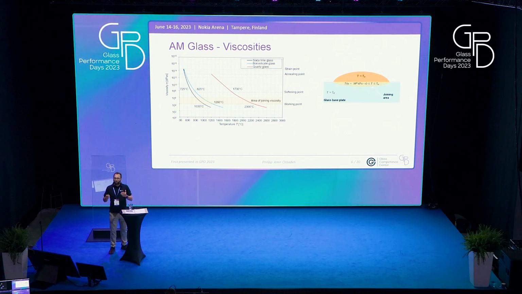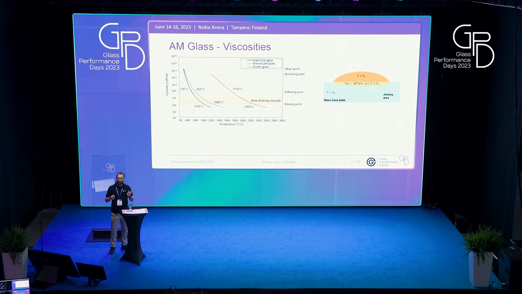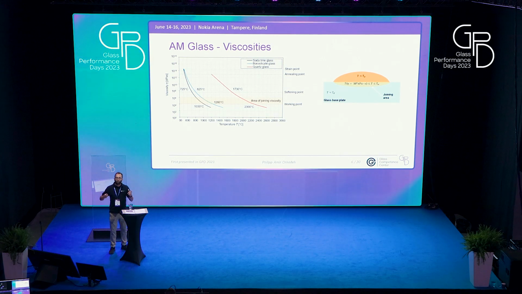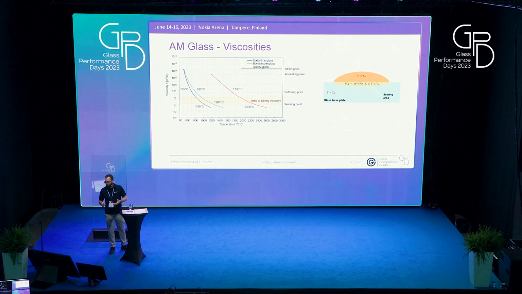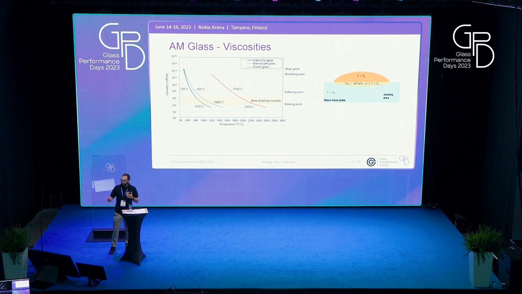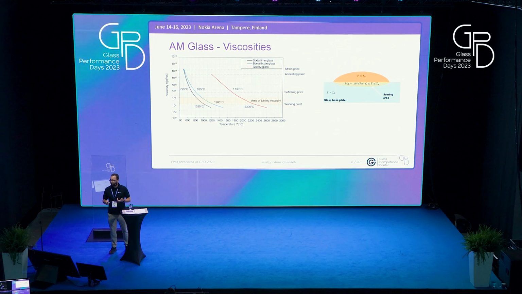For the most common glasses, for example soda-lime and borosilicate glass, this is not easily achievable. You need to heat the glass plate to the glass transition temperature to avoid thermal shock. I will just push this to the side and show some preliminary investigations we did here.